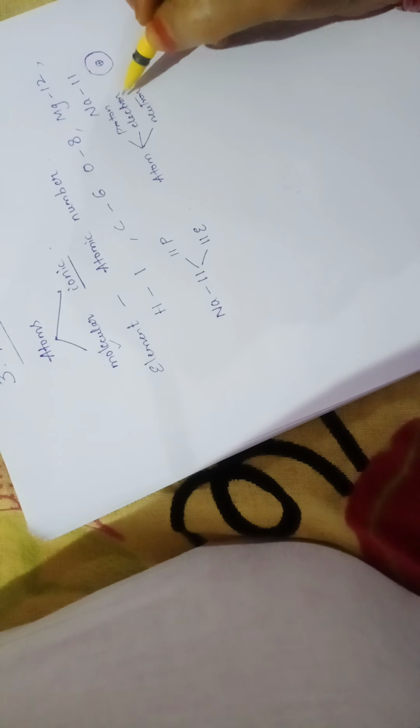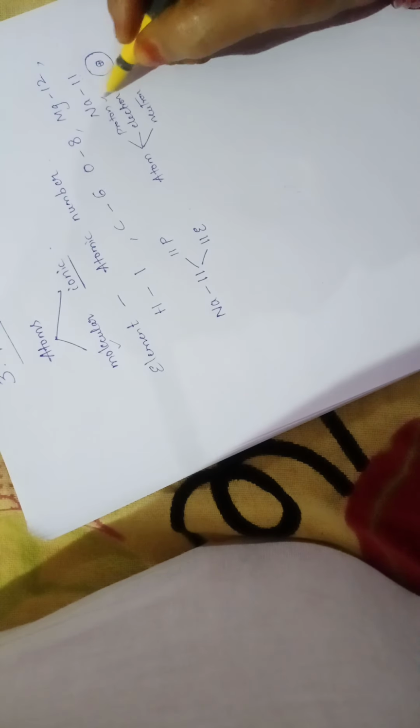So if this is the atom, inside the atom there will be three different subatomic particles: proton, electron and neutron. So its atomic number 11 means, for example, this is the sodium atom, it will have 11 protons and 11 electrons.